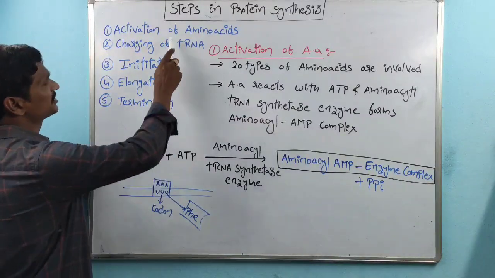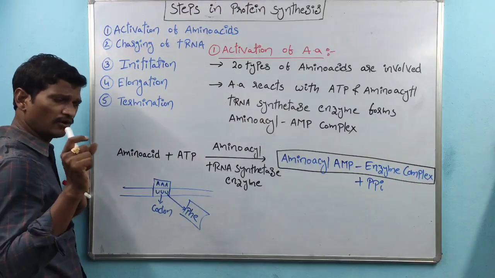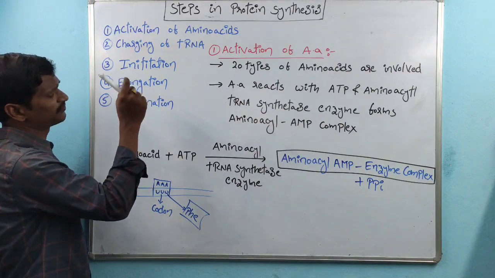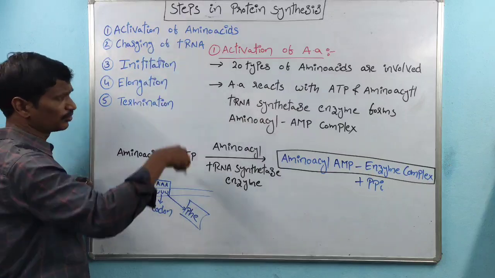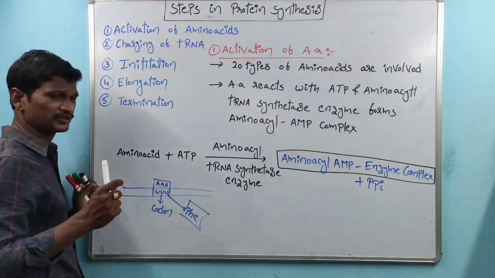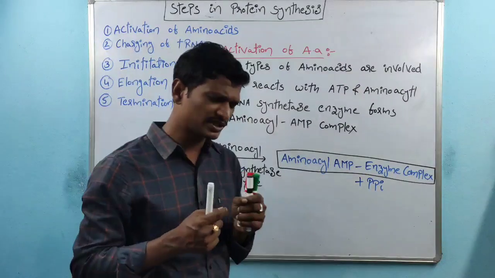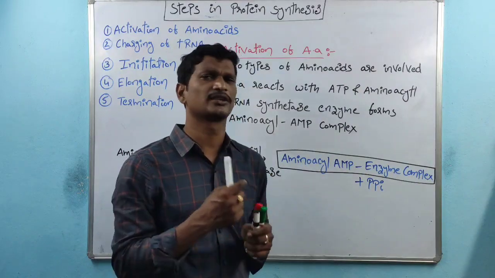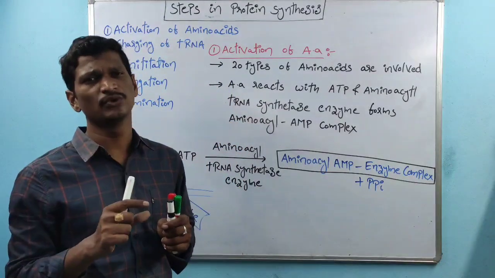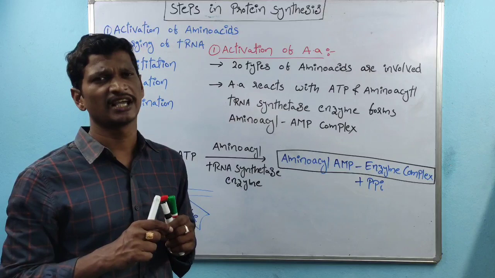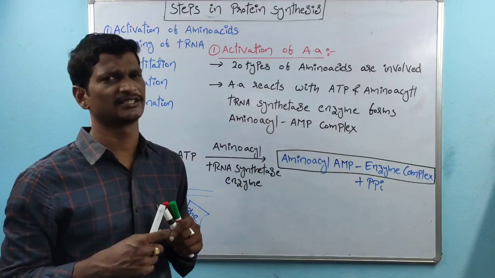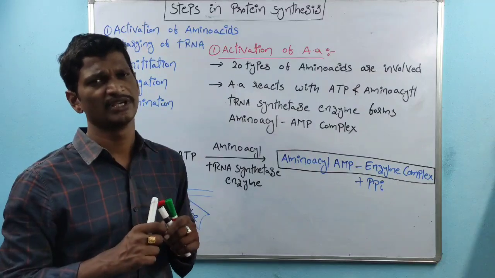So here, activation of amino acid means all amino acids are activated, right? This process is very, very specific. The total translation process is very specific, because one form of message is translated into another form. The ribonucleotide sequence of the RNA is translated into amino acids, which are nothing but proteins.